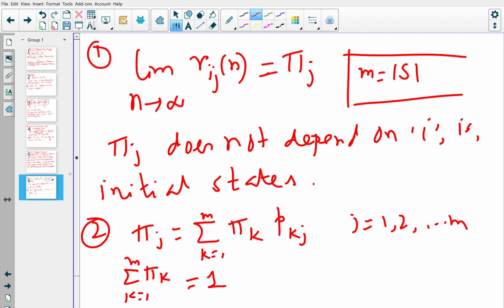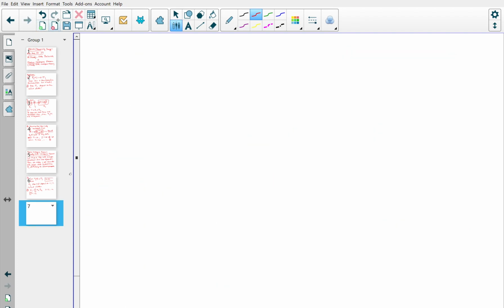So I will come to the proof of this statement. Maybe we can give the proof right now. How to prove this kind of statement?